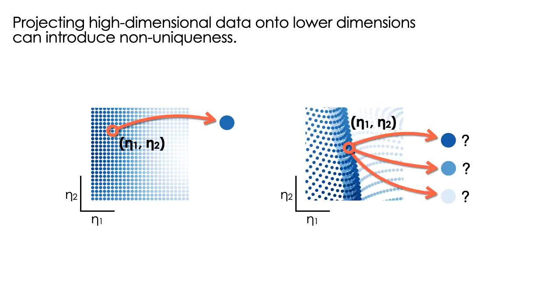But on that second projection, there are some regions where if we ask the model what is the function value at that location, the model might not really know which value to predict. So because of that non-uniqueness, the model might not know whether it should predict the dark blue color or the light blue or the lightest blue.